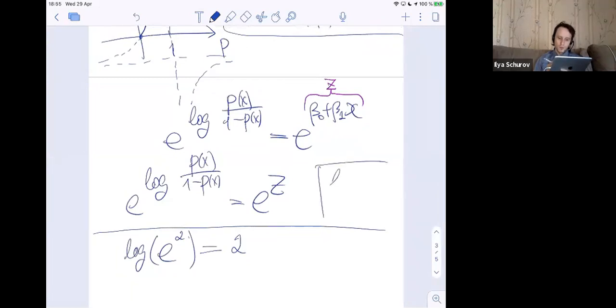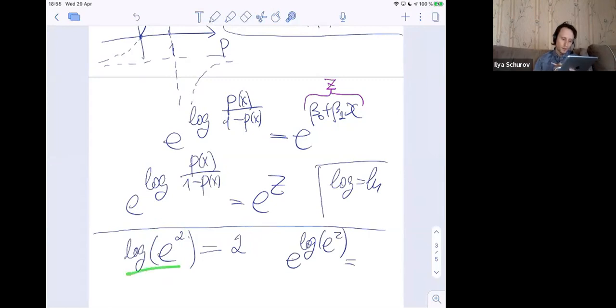Let us assume that log is the same as ln, so it is the natural logarithm. By definition, logarithm is such a number that we take the exponential of to get this number. So what can we say about e to the power logarithm of e to the power 2?